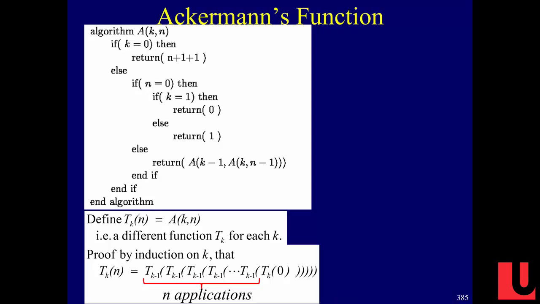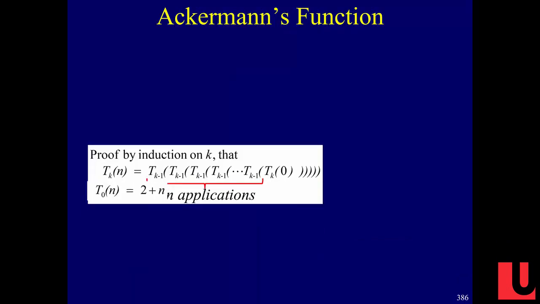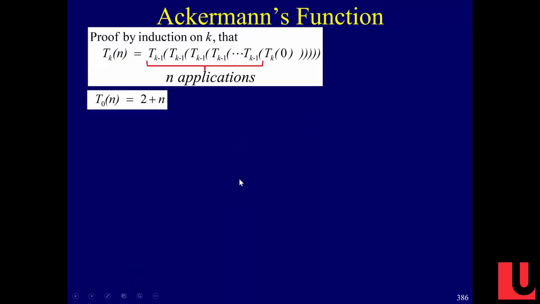So if you didn't quite get it, let's get some examples. So what's the 0 function? If k is 0, you just add 2. So we know what the k0 function is. So this is what I said before, and this is the 0 function, we're adding 2. So now the k1 function, what is it? You start with, say, 0, and you add 2, you add 2, you add 2, n times.